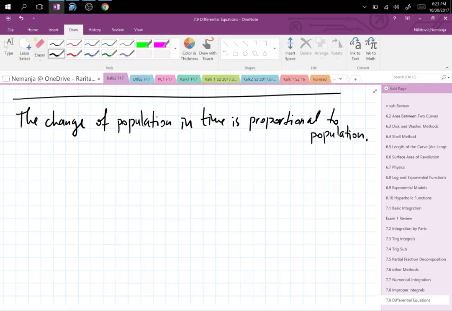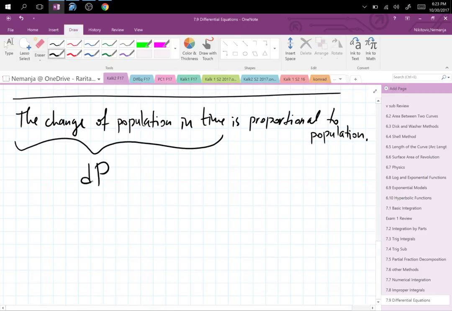So what we do is we translate this sentence to a mathematical sentence. The change of population in time is the rate, which we generally write as a derivative.